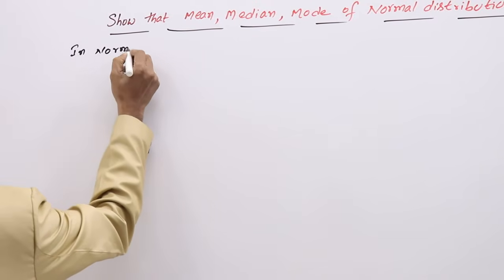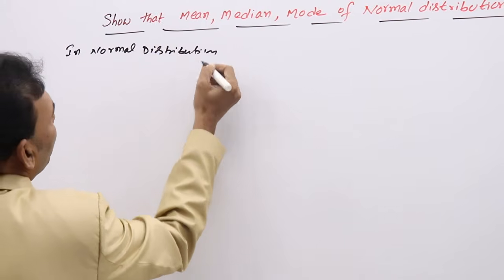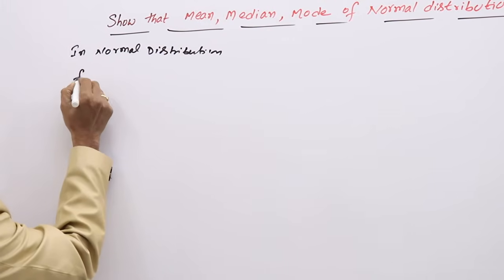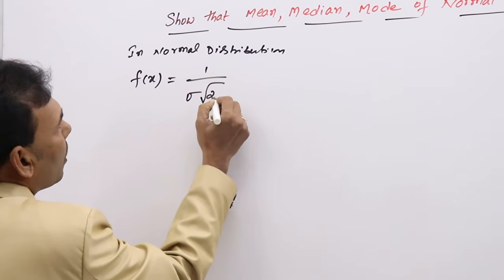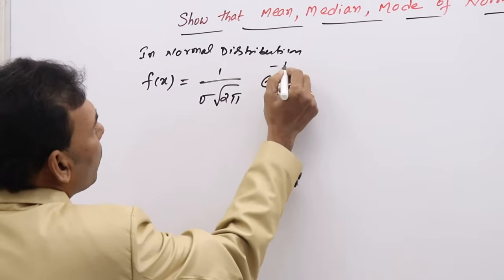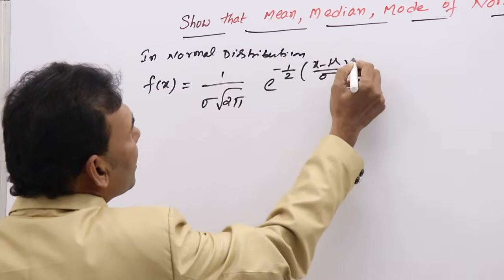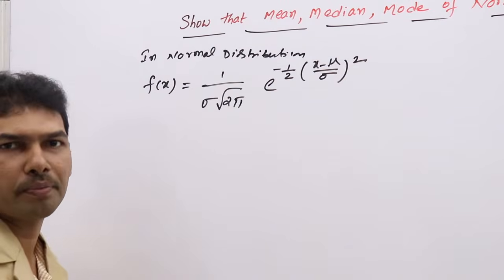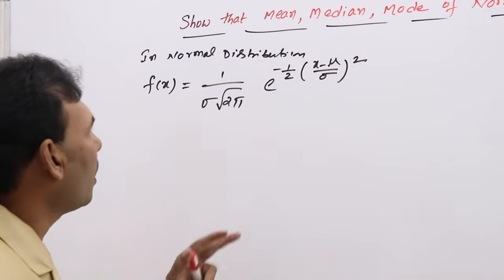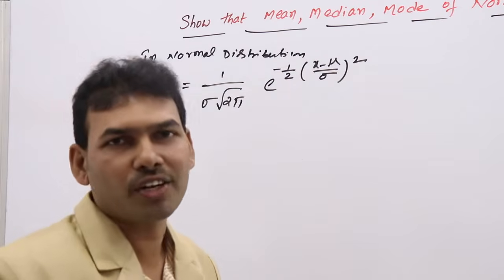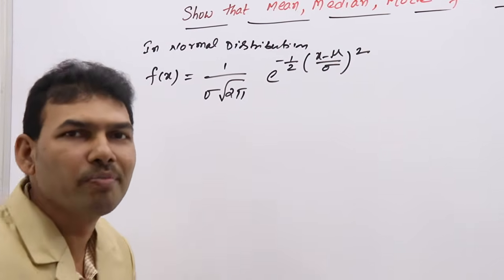The density function small f of x equal to 1 by sigma root 2 pi e to the power of minus 1 by 2 into x minus mu by sigma whole square. This is the density function for normal distribution. Using this density function, we are going to evaluate mean, median, mode.